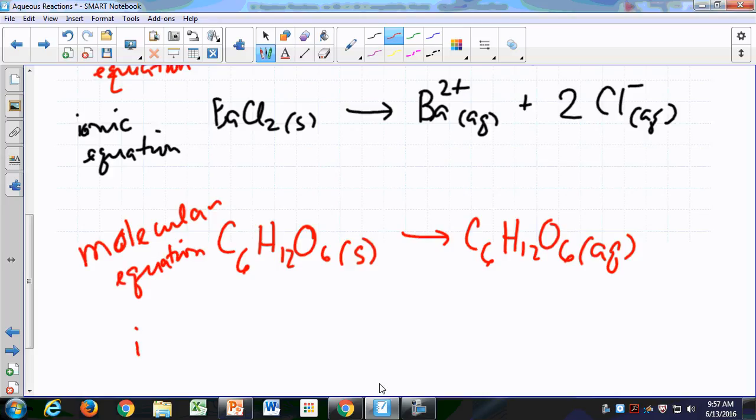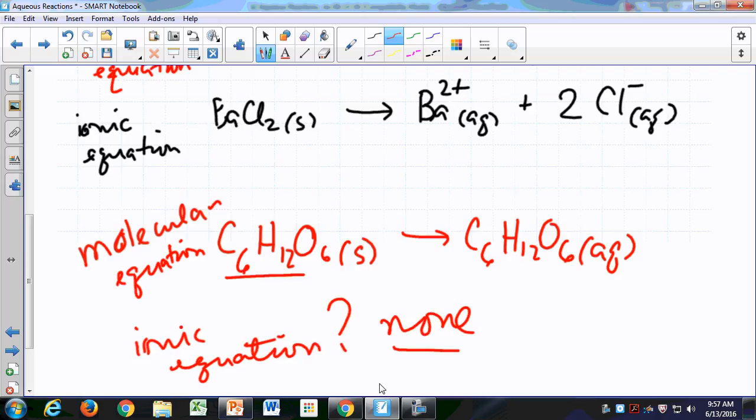The question is, what is the ionic equation? There is none, because glucose is a molecular compound, and most molecular compounds, in fact, do not produce ions when you put them in aqueous solution. You remember the 6 exceptions are the 6 strong acids.